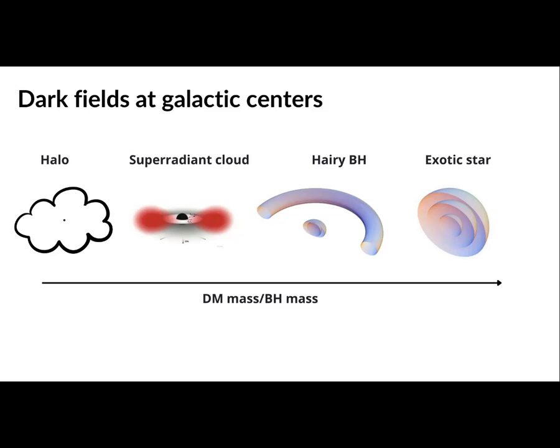Normally, these superradiant clouds are studied in a regime where the black hole mass is still too large compared to the mass of the cloud. But if the mass of the cloud is bigger, then it can have effects on space-time by its own.